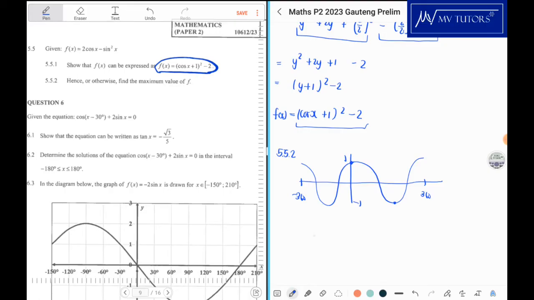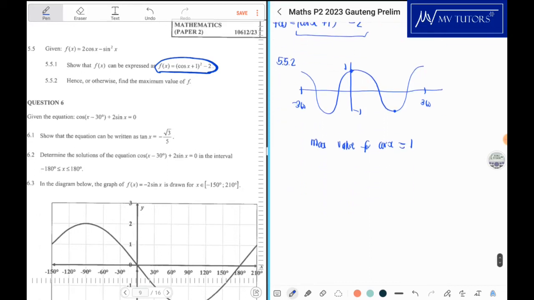But the maximum value for a cos x function would be 1. So if now I'm looking at the maximum value, f of x max, I already know that the cos x function, its maximum value is going to be 1.